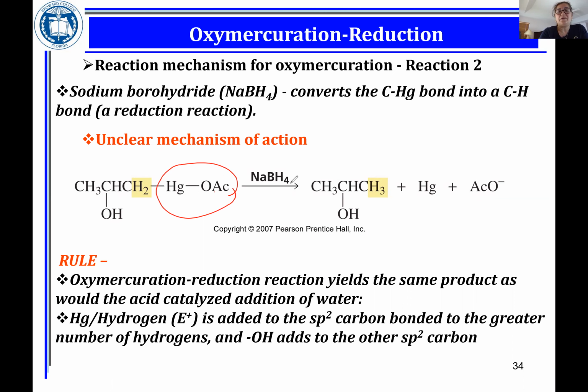Sodium borohydride is a reducing agent that provides hydrogen or hydride ion and is going to replace this group. That's all that is happening in the next step, because we want the overall reaction to be addition of OH and H. And you notice that the H is added to CH2 and OH is added to CH.